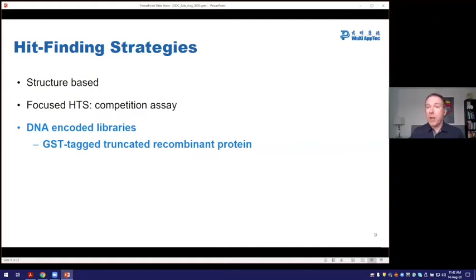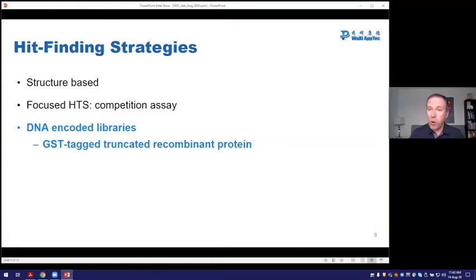The second way was to run an HTS. And the third way was to run a DEL screen. To make this long story short, the only screening method which ended up resulting in hits which were selective for DDR1 over DDR2 was the DEL screen, even though many different methods were tried.